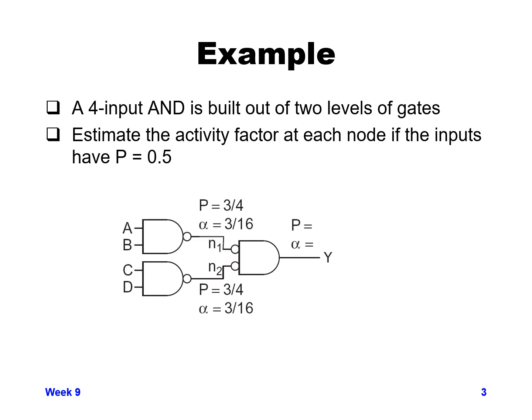Going on to the output of the next gate, our probability of being high is going to be 1/16, and then our activity factor is going to be 1/16 times 1 minus 1/16, or 15/16, and so we get 15/256 is our activity factor.